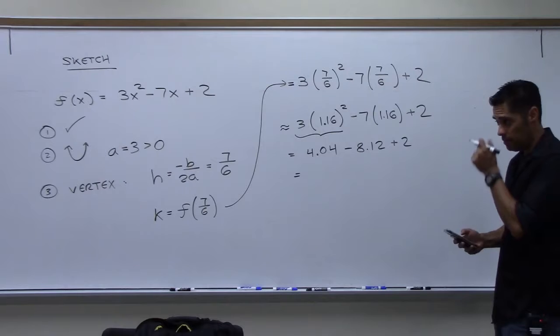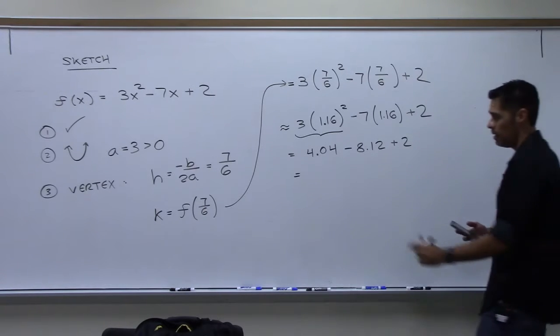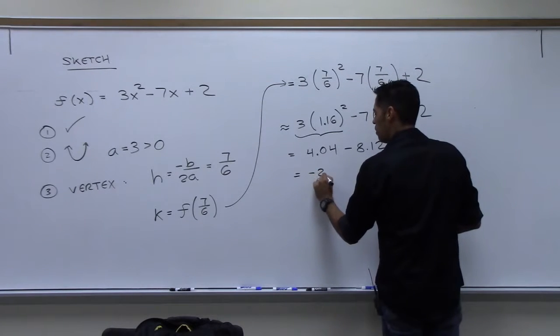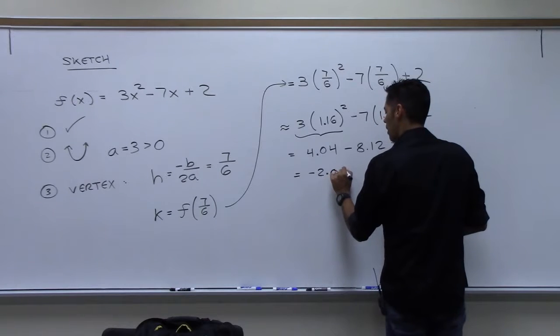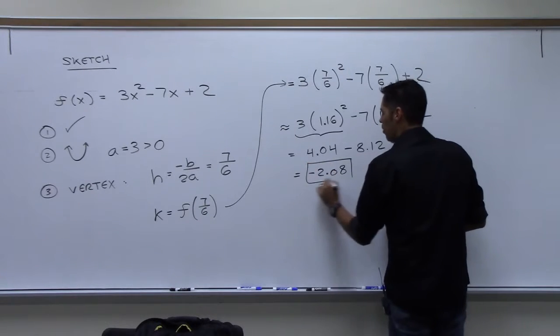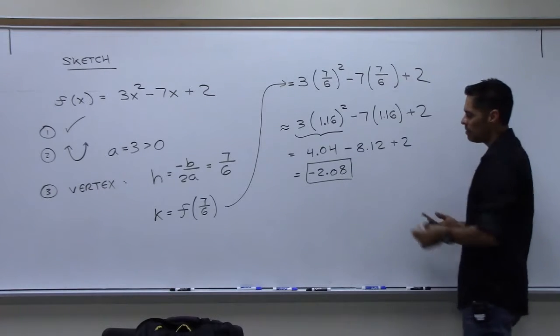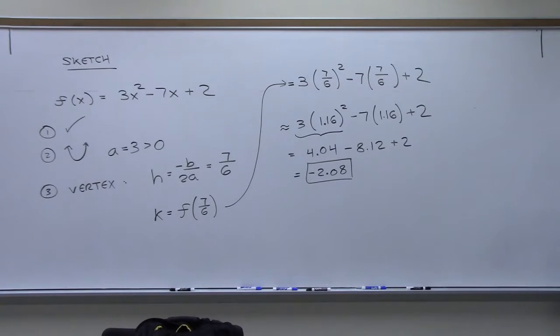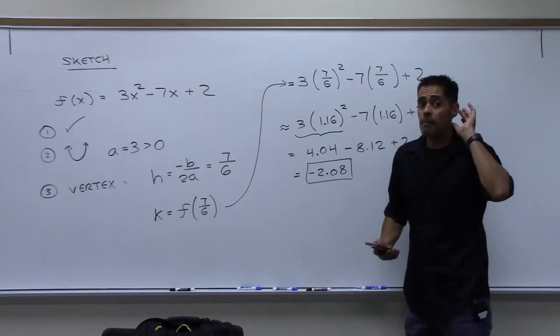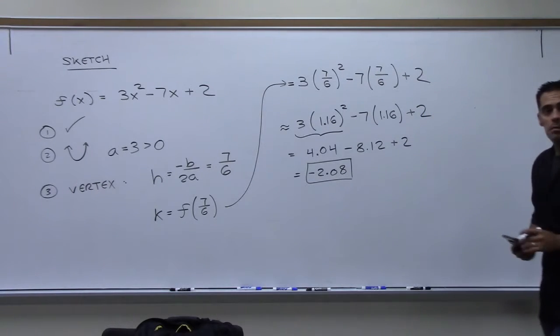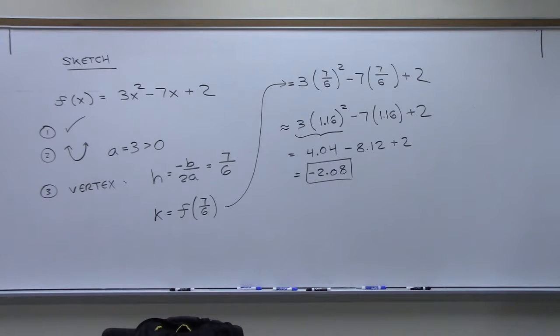So what are y'all thinking? Negative 2.08 or 2.09? If you're within a couple of hundredths of this, 0.8 or 0.9 or 0.7, that's fine. I got negative 2.1.